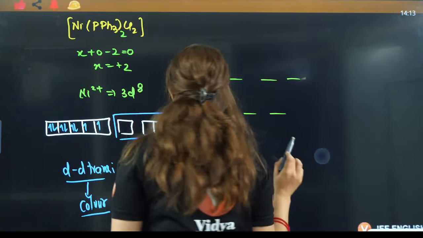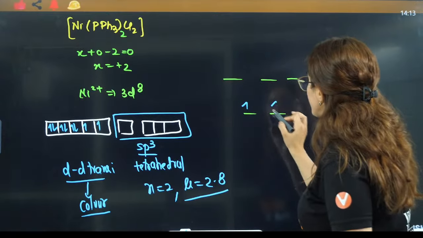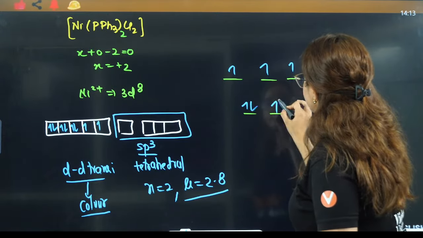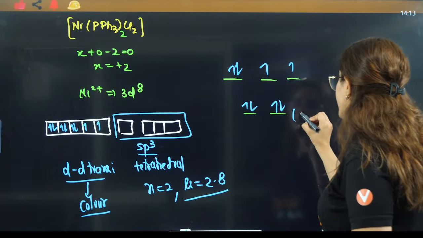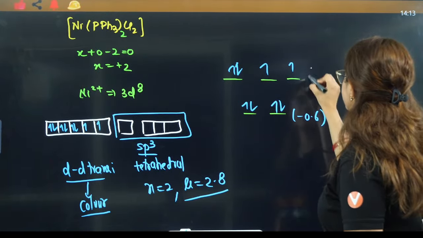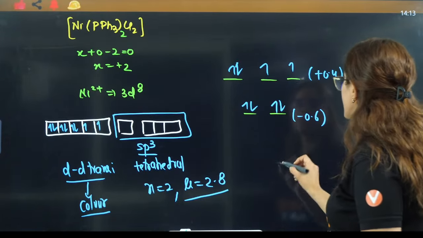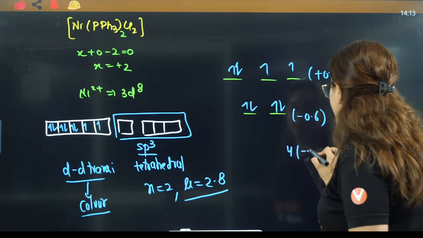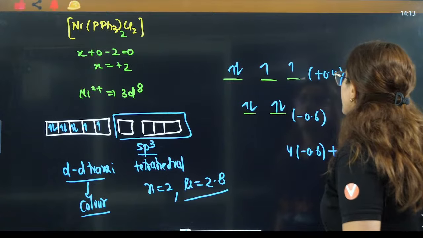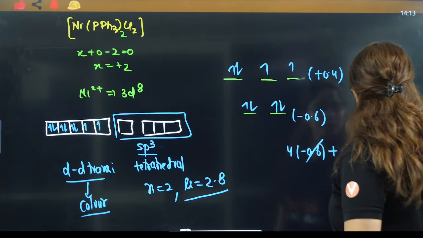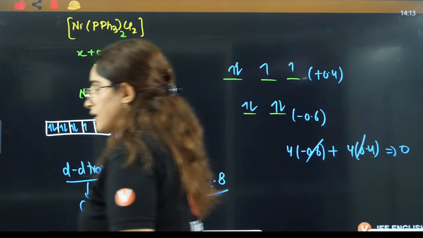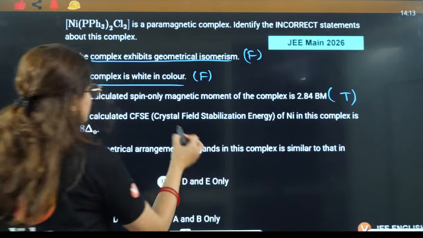Total 8 electrons you have: 1, 2, 3, 4, 5, 6, 7 and this is 8. So here you will multiply by minus 0.6 for the lower set and plus 0.4 for the upper set. So this will be 4 into minus 0.6 plus 4 into 0.4. This is going to be 0 actually. So this is also false.